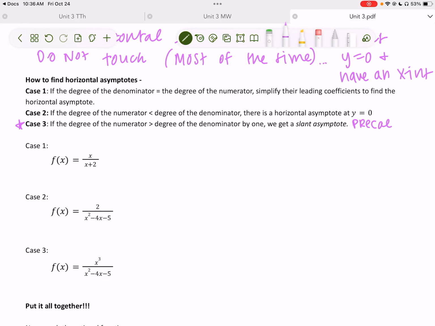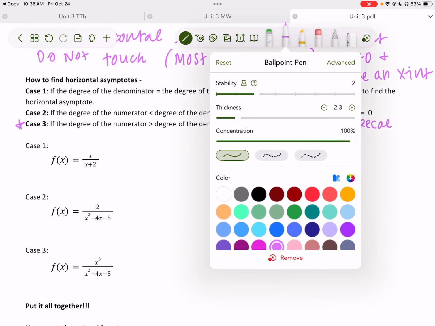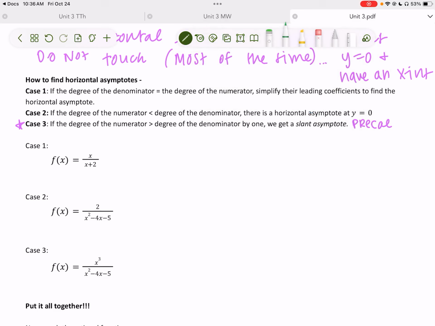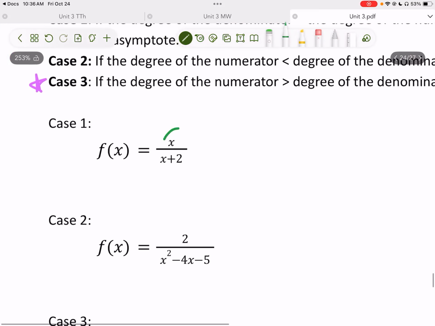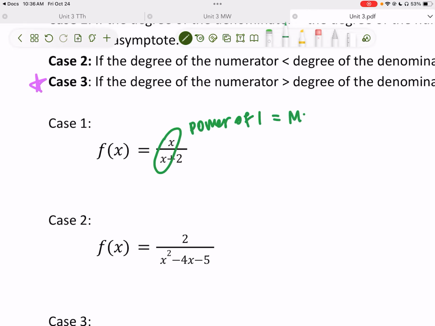Okay. So case one is going to be if the highest degrees of the numerator and the denominator match. So notice these are both a power of 1, which means they match. So what you can do is you can take those and simplify their coefficients, right?